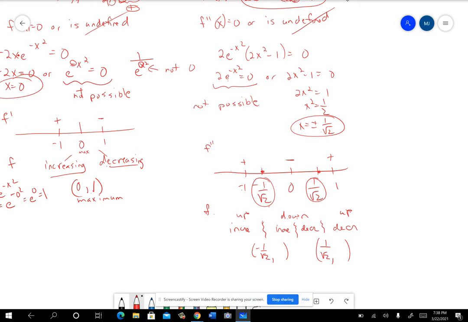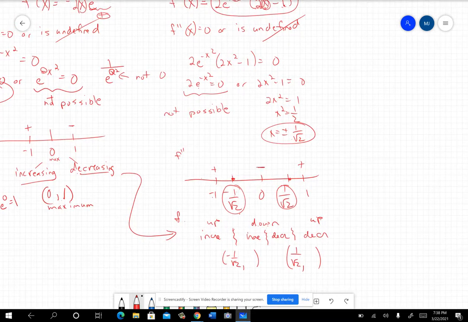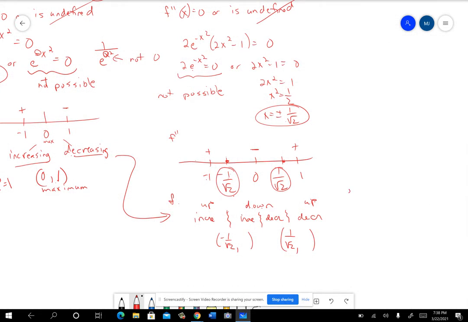So we had what we got from our concavity sine graph, and then I just pulled this over here also, okay? All right, so let's go back. We've got to plug these into the F function. And F of x, remember, was e to the negative x squared.